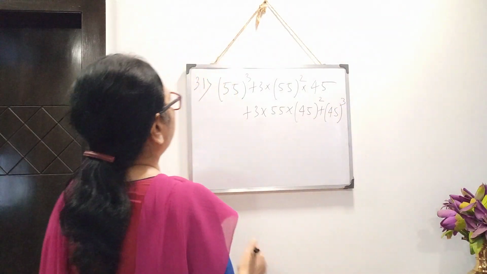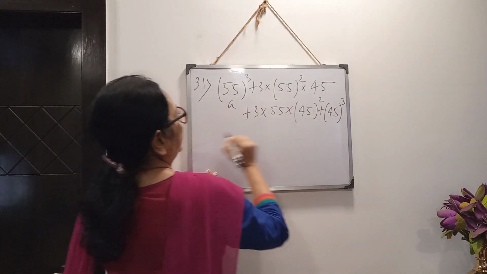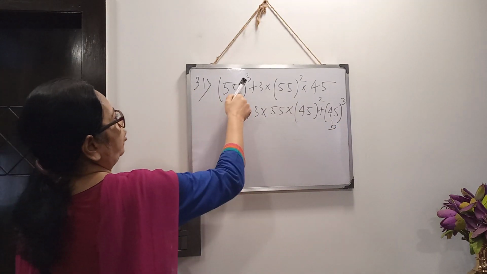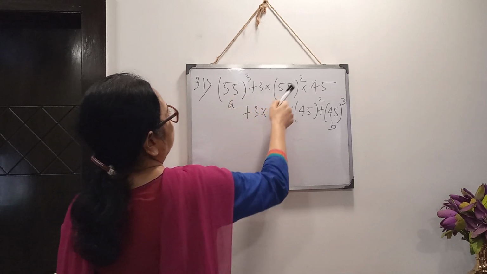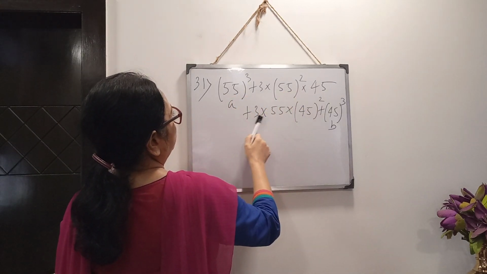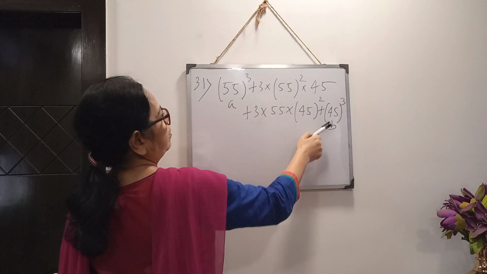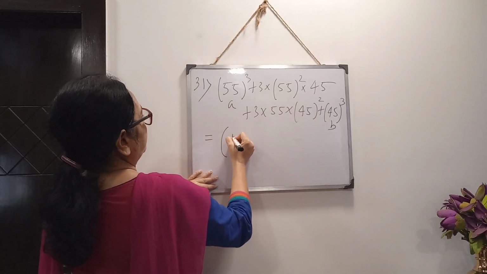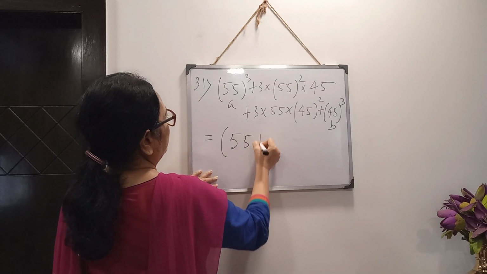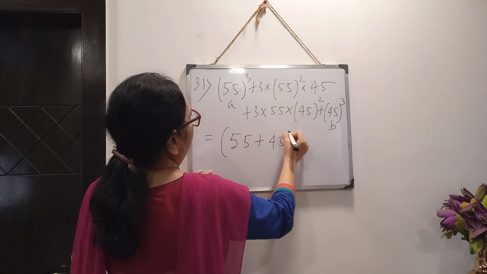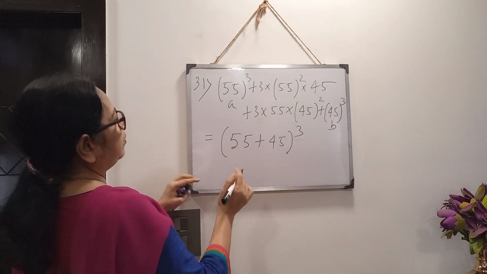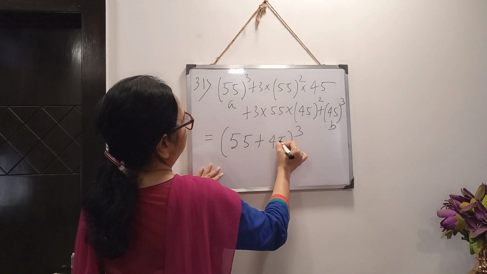Clear? Now we'll consider, let this be A and this be B. Now see, it is given in that form: A³ + 3A²B + 3AB² + B³. So you know the formula now. This equals, we can write, (A + B) whole cube.